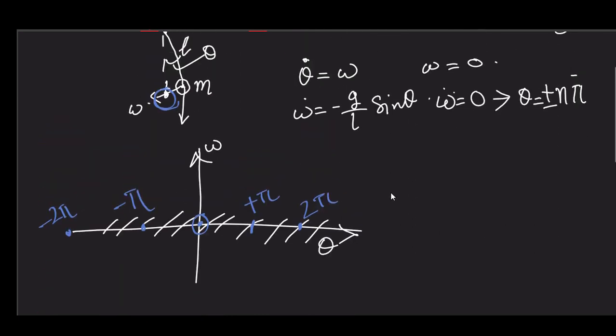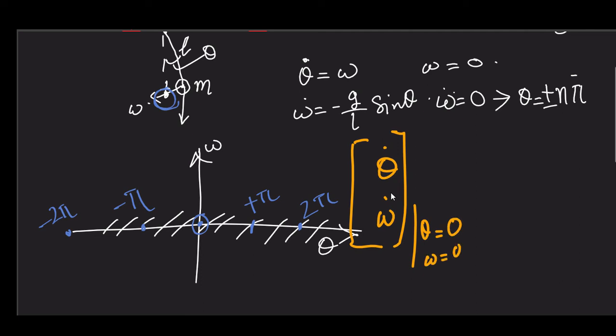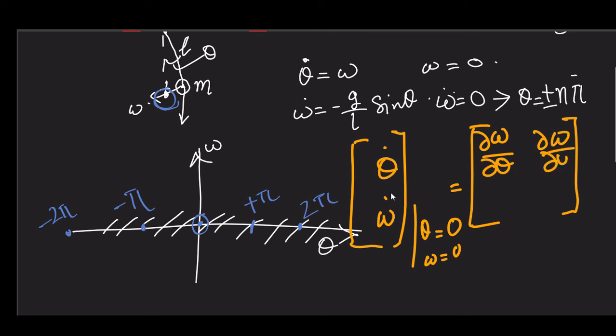So how should we proceed here? We need to figure out what we are looking for. We are looking for a linear model near our equilibrium. So you need to carry out the partial differentiation, because theta is x1 and omega is x2.